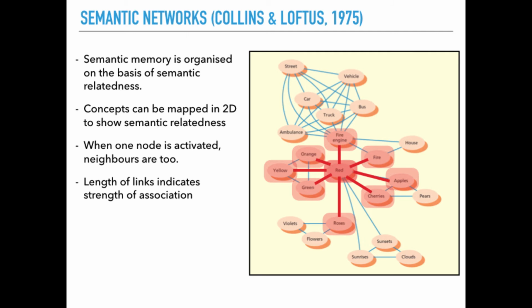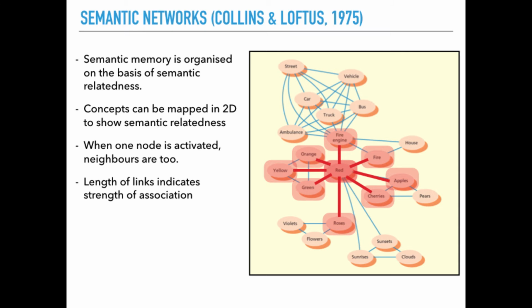Now, according to the spreading activation theory, activation of one node or one concept causes activation to spread strongly to closely related concepts, and a little bit more weakly or less strongly to distant concepts.